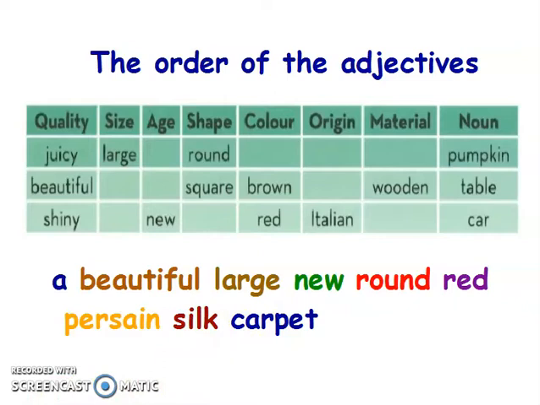Okay, so this is an example about the correct order of the adjectives if they come in the same sentence. A beautiful, large, new, round, red, Persian, silk carpet. We start with the quality, the size, the age, the shape, color, origin, and material, and the last word is the noun.